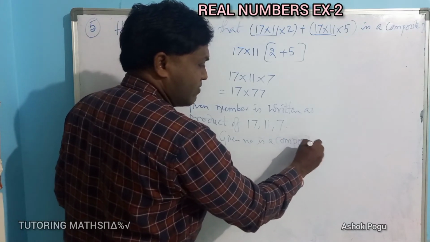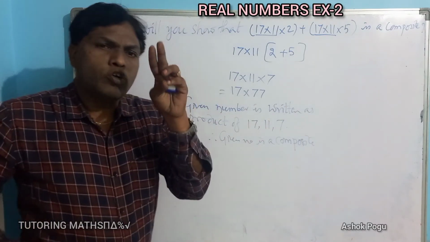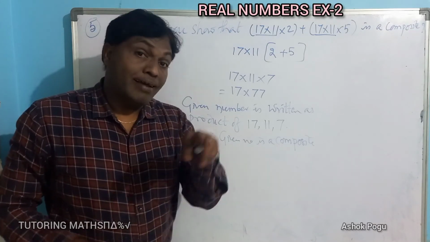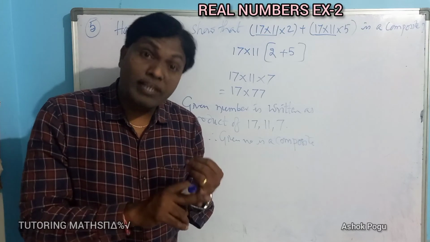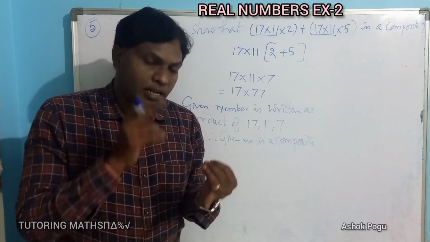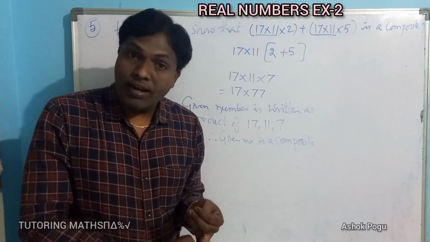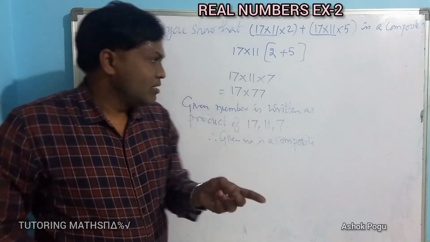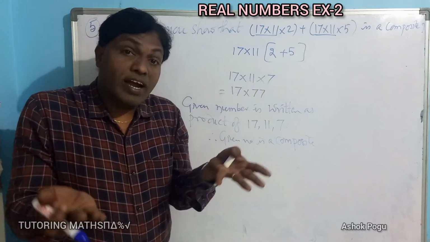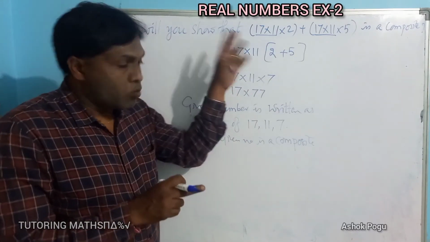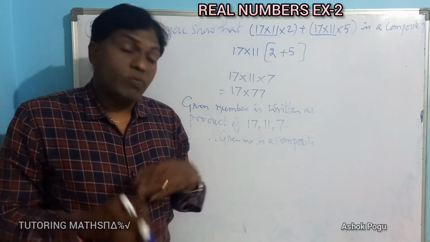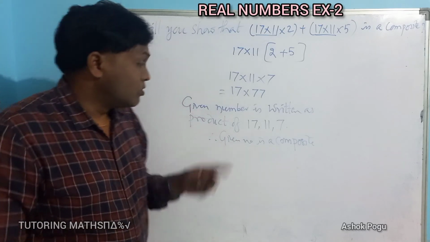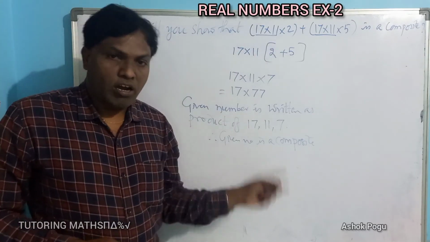You can say that the given number is a composite, because to be a composite number, a number should have at least more than two factors, the number itself and one more factor at least. But we have three different factors. One is a common factor, the whole number is a factor, and 17 is a factor, 11 is a factor, 7. We have nearly 5 factors. So therefore, absolutely it is a composite number.